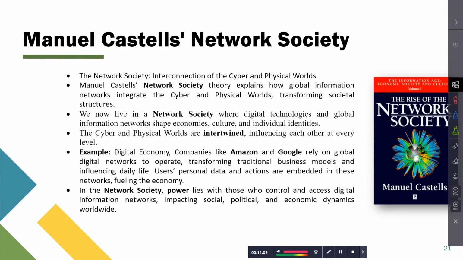If I try to say some key aspects of the network society, I could make some points. Number one, global information network. The world is increasingly connected through the digital network that transcends traditional boundaries.